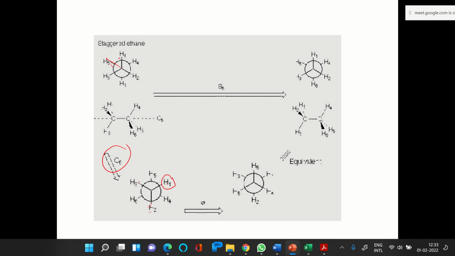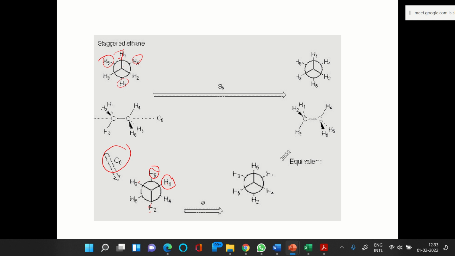For the hydrogens attached to the carbon that is behind the screen, you also perform the rotation. When H5 is rotated in a clockwise manner, it will come somewhere here from the back side. So see H5, and then you look at the other atoms H4 and H3, and perform in a similar fashion.